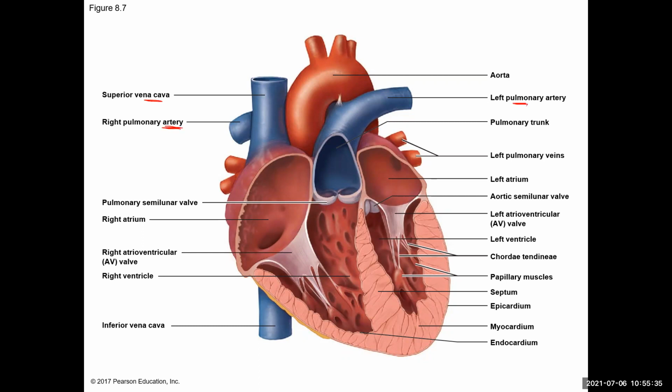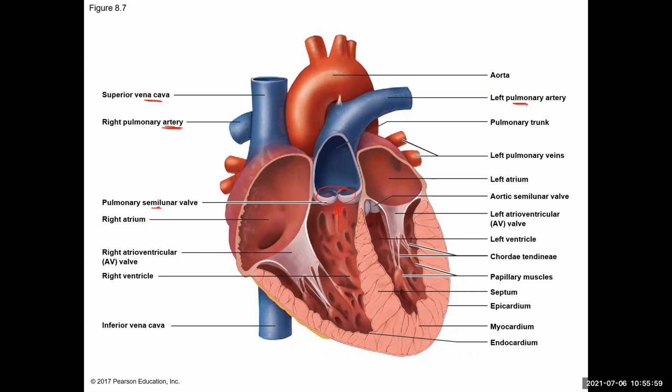Okay, so that is a left and right pulmonary artery, right? Because you have a left and right lung. The pulmonary semilunar valve, which is right here. This valve is a one-way valve that allows blood to move into the pulmonary artery from the right ventricle.